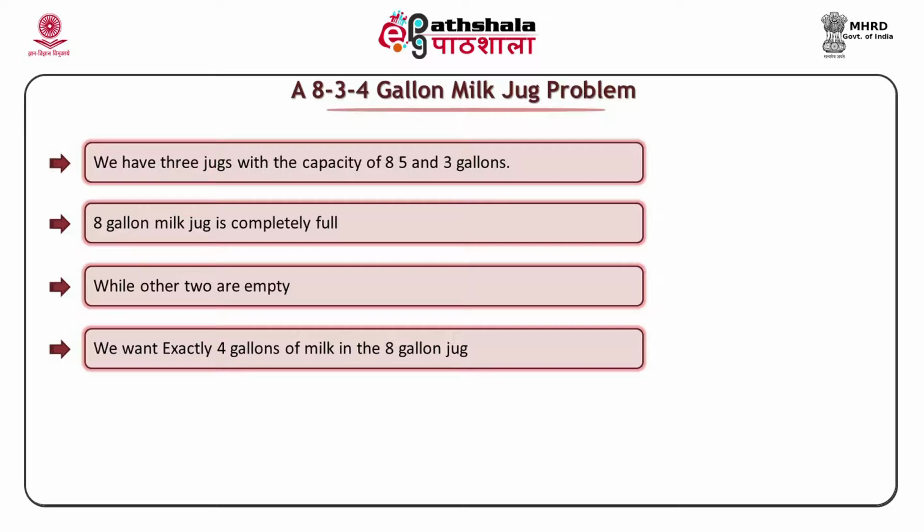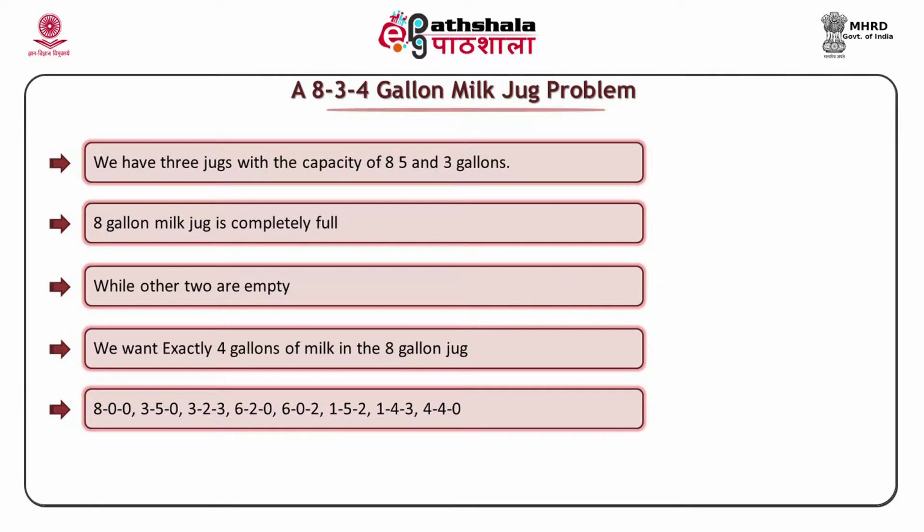We again do not have any measuring device with us, and you can see on the slide one solution which begins from 8 0 0. That is the representation, 3 integers, the simplest representation of this problem, and you can see that at the end what we have is 4 4 0. That means 4 gallons of milk in the 8-gallon jug.